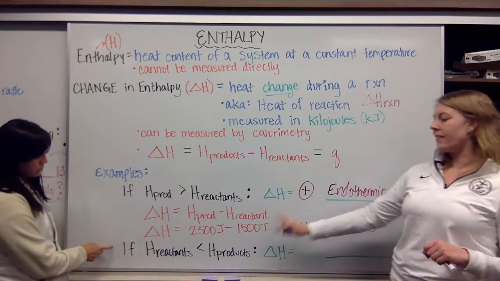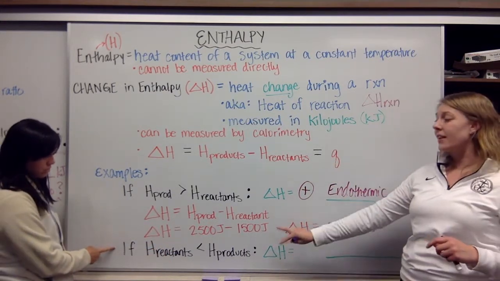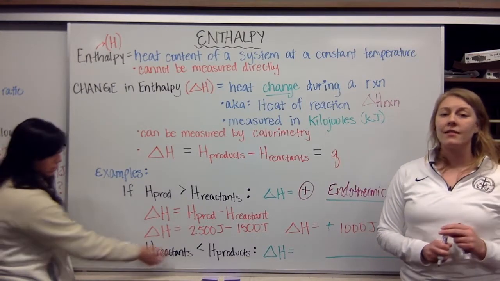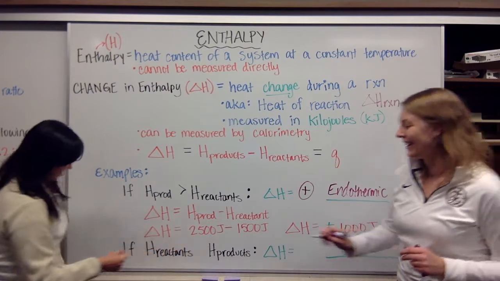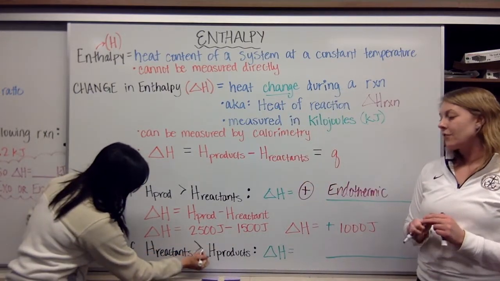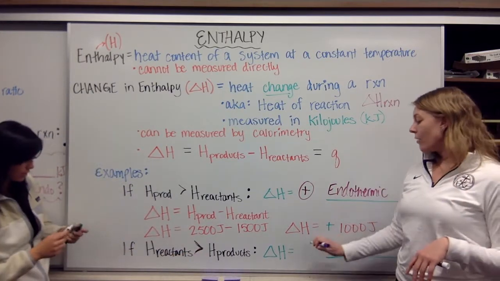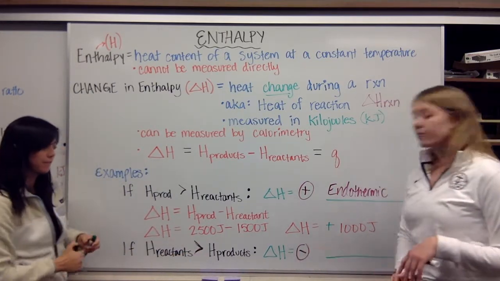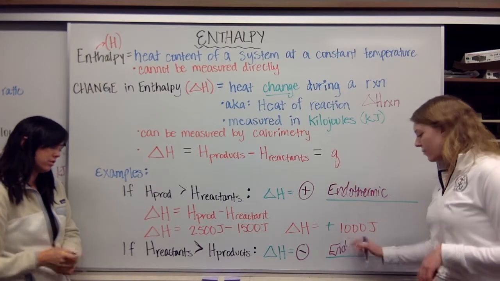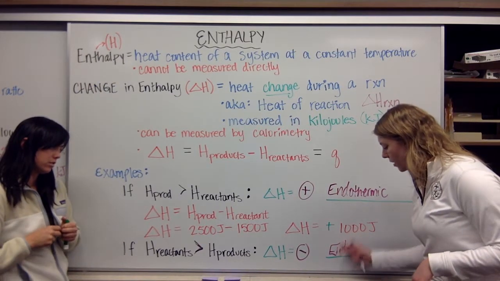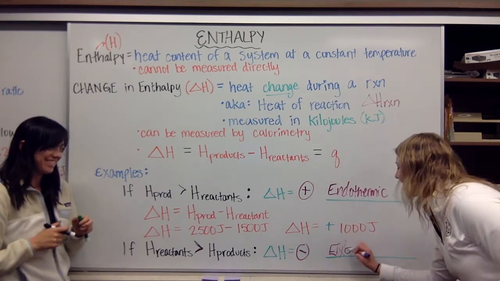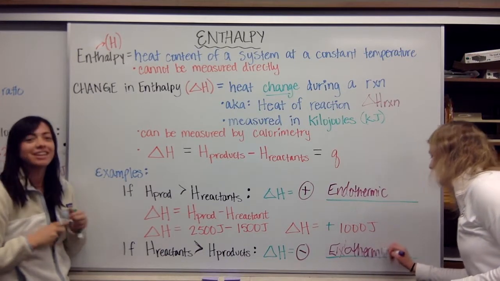Now, I didn't do an example for the second one, but the opposite is true. If the heat of reactants is greater than the heat of the products, then we're going to have a negative delta H. And hopefully you see that then this is exothermic.